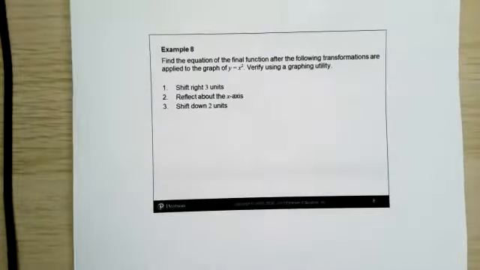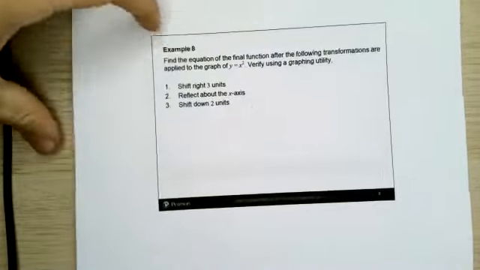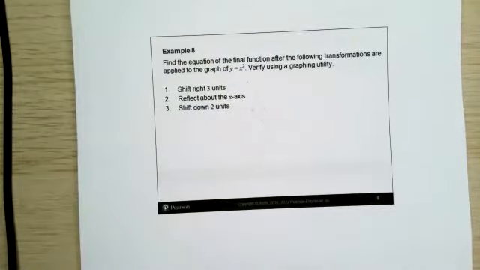All right. Now, if they just give you y equals x squared and ask you to do these 3 things to it, what is your function going to look like, right?